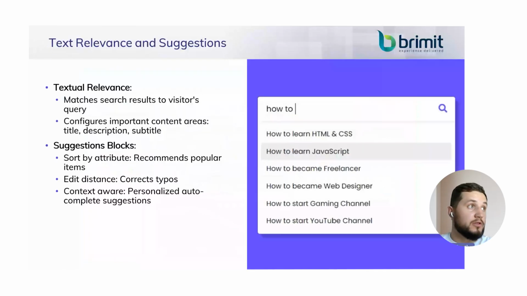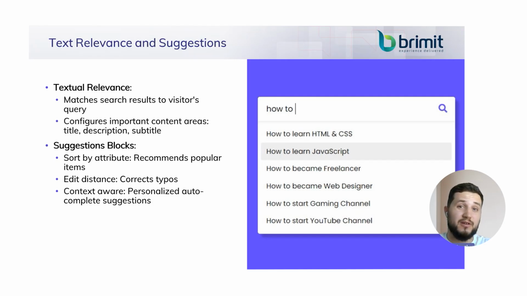The next point which I want to show is text relevance and suggestions. I think any search should have these features, and Sitecore Search has them, and everything can be configured following the documentation.